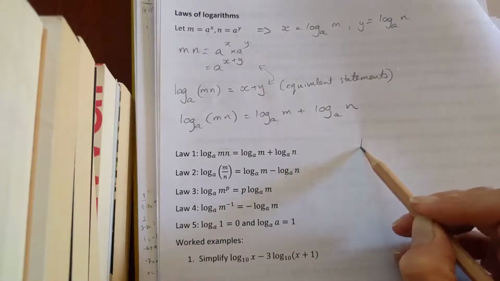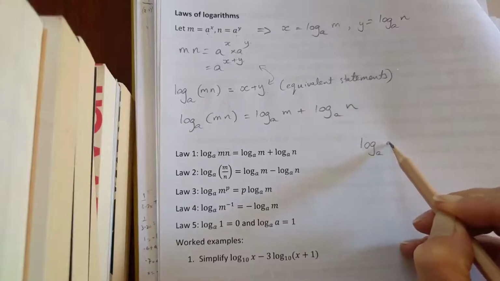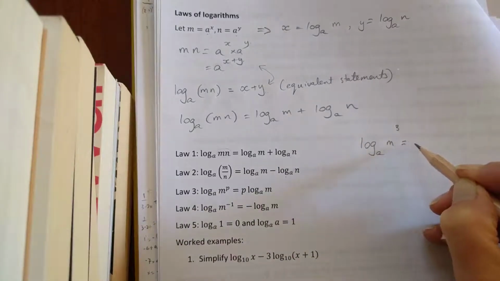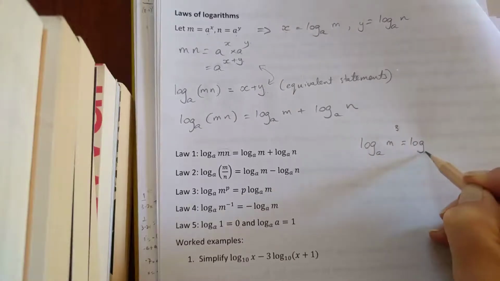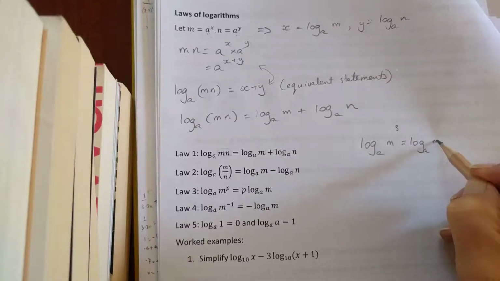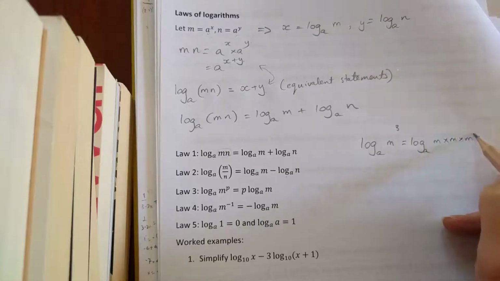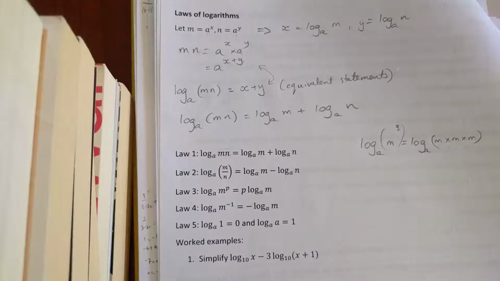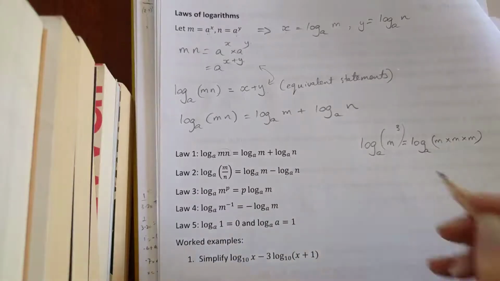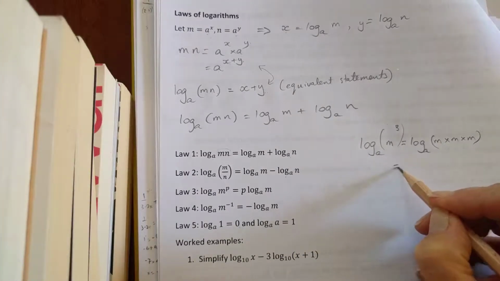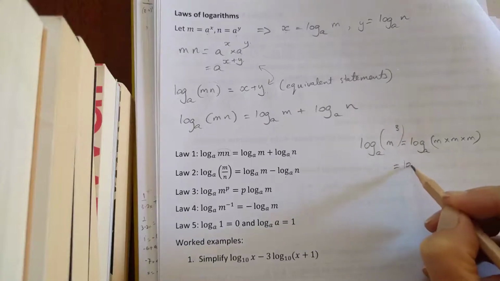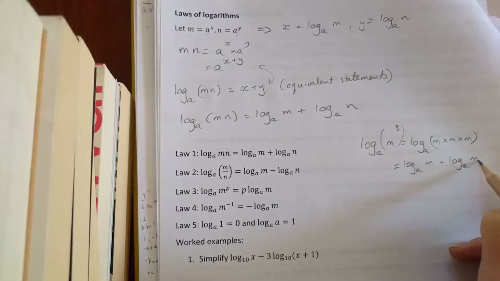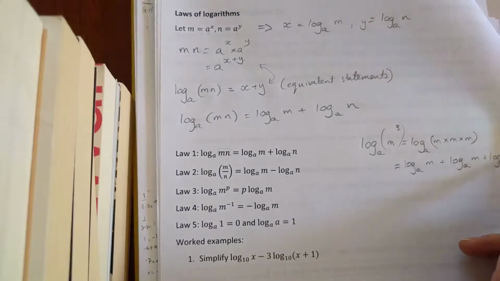So for law 3, if I've got log base a of m, for example, cubed, you know that we can rewrite that as log base a of m times m times m, where that m times m times m is the whole argument. Now using the first log law, I can expand that and write it as log base a of m plus log base a of m plus log base a of m.